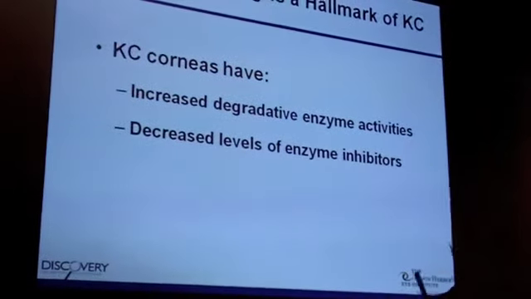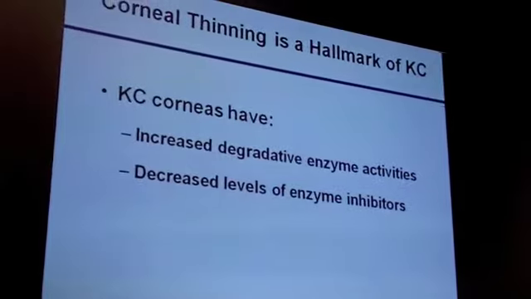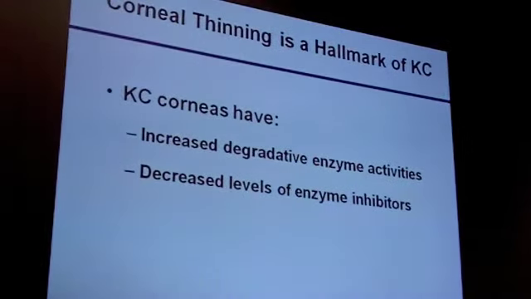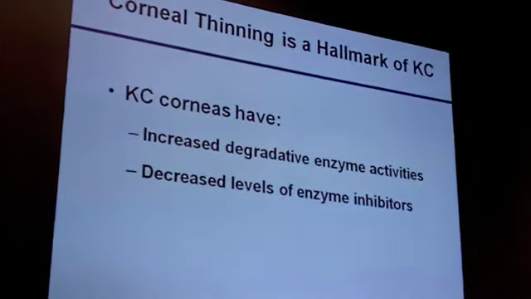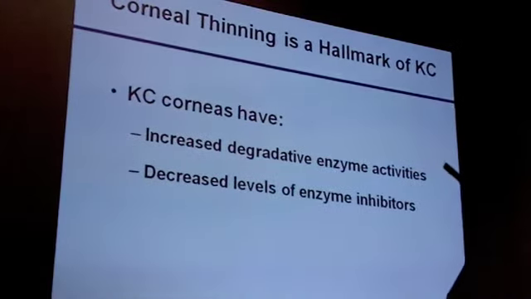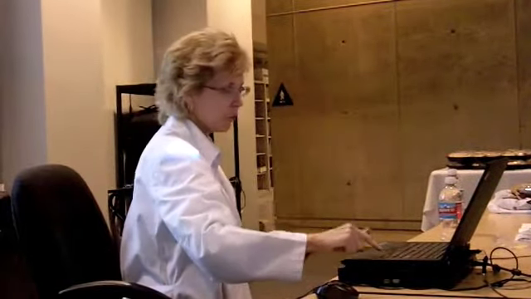Now, since the 1960s, people have known that the corneas in keratoconus are abnormally thin, and there's increased degradative enzyme activity related to keratoconus. And just as the enzyme activities go up, the normal inhibitors that block that activity go down.